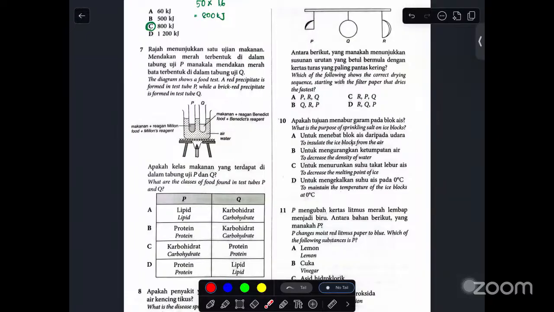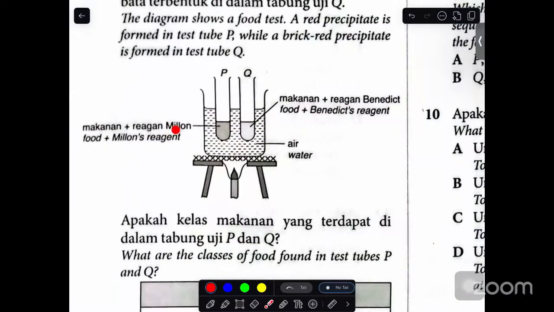So, cuba tengok dekat P. Dekat P, you have makanan dan juga Millon's reagent. So, pelajar kena tahu kita akan gunakan test ini untuk makanan apa? Okay, why will we use this kind of test? Okay, yang dekat sini pula, we have makanan and also Benedict's reagent.